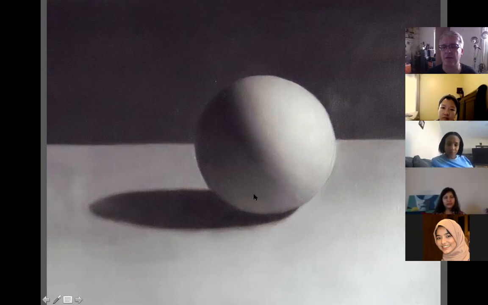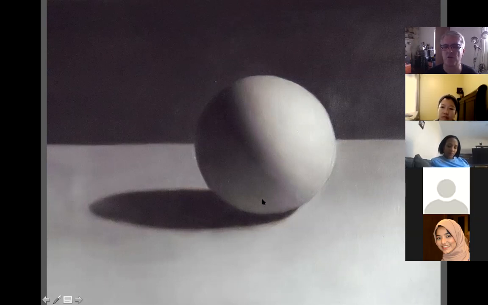And these planes on the sphere are most parallel to the reflecting surface. Notice as those planes on the sphere roll away from the reflecting surface, as they roll further and further away, that reflected light gets dimmer and dimmer, until we see almost no reflected light up here. But as we get down closer and closer to the reflecting surface, we see more and more reflected light.